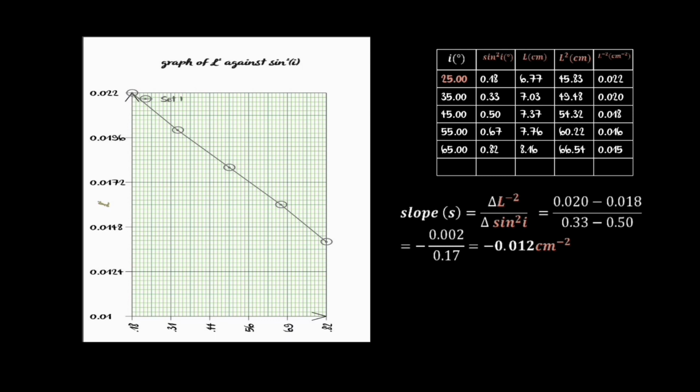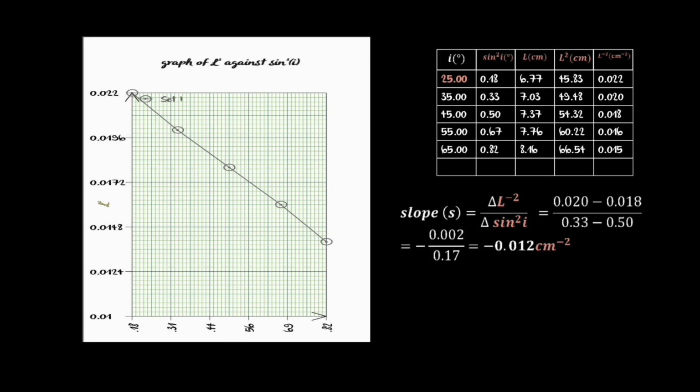So for us to find the slope of the graph, we also take 2 points. Slope is usually calculated from the change in the values of the vertical axis, all over the corresponding change in the value of our horizontal axis.